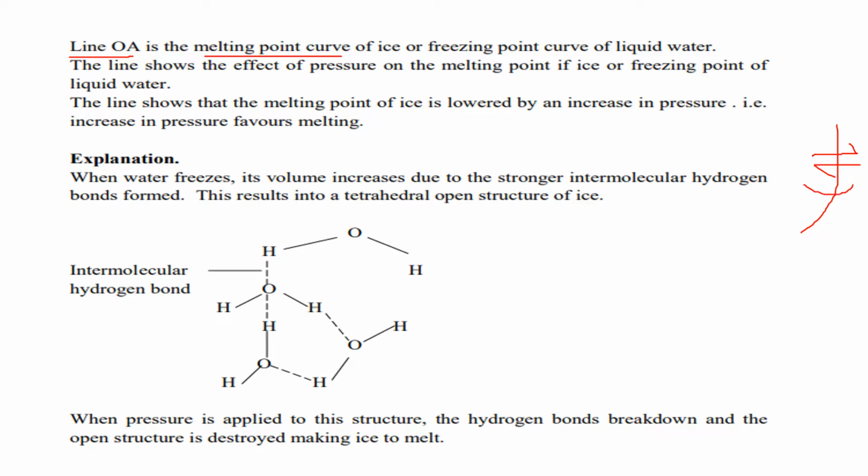So if someone is going this side, you can name it according to the process of going this side or this side. That's why we are giving it two names. It can be in terms of melting, that is solid to liquid, or someone can name it in terms of freezing point curve, for the student who has considered liquid to solid.